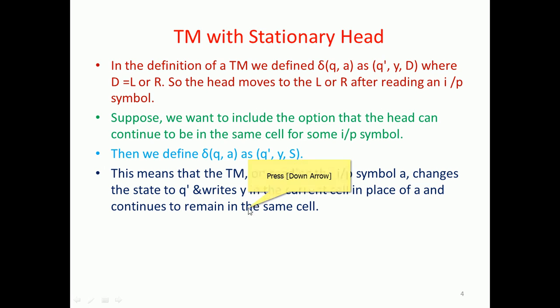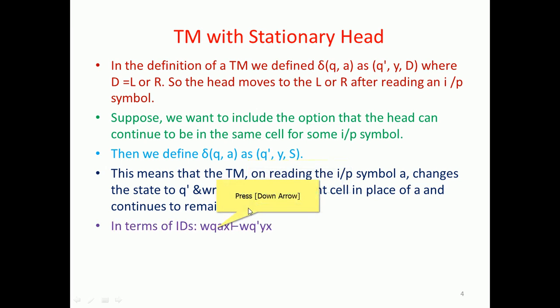So that is the kind of stationary mechanism going to be imposed. In terms of instantaneous description, w q a x goes to w q dash y x. So input a will be replaced with y, and the state changes to q dash.